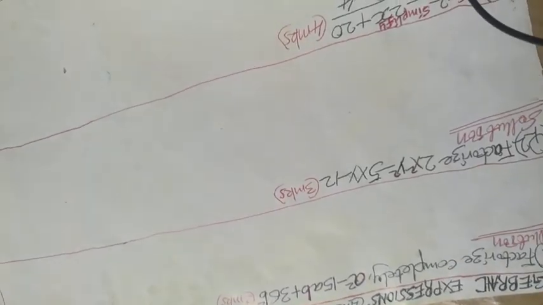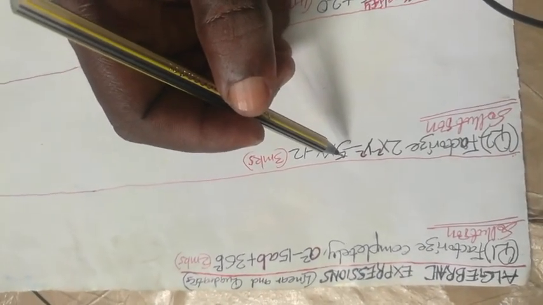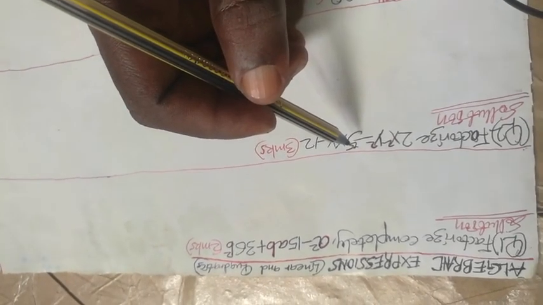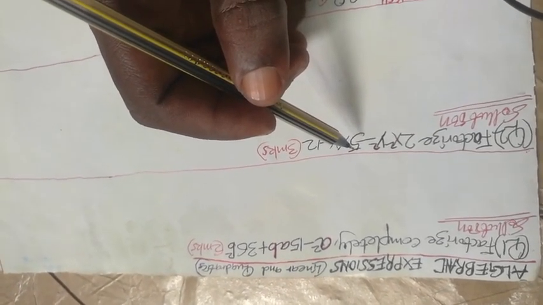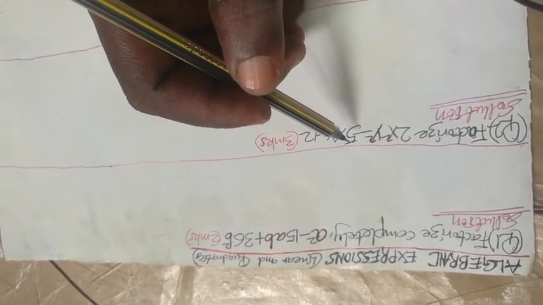This question was tested in the KCSE paper 1 of the year 1989. I don't know if you existed by then.